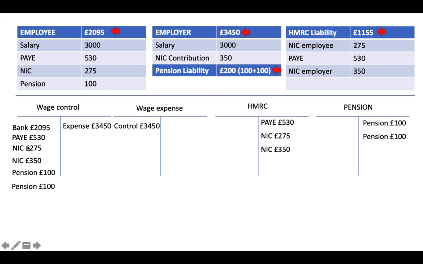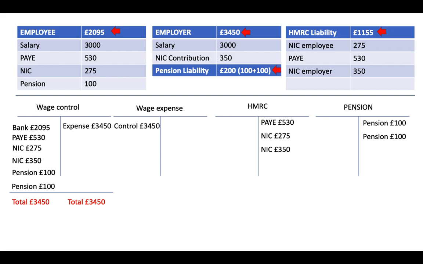So in order to make sure that we've done everything correctly, we need to look at our wage control. All of our figures on our debit side should add up to our credit side, making that account null and void. So if we add up all of the debits onto the wage control, we come up with 3,450. So we know that we have dealt with all of our obligations of that overall expense.